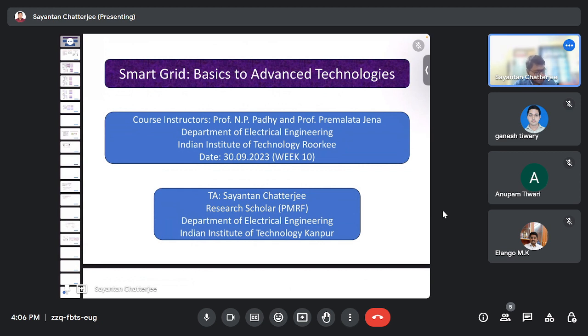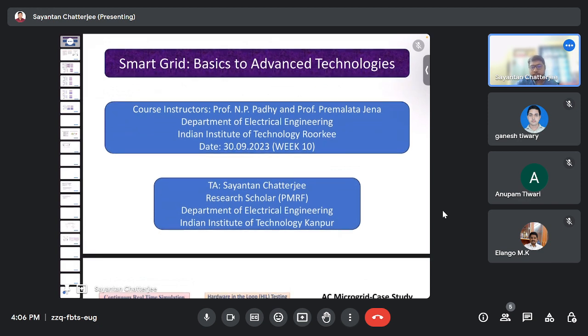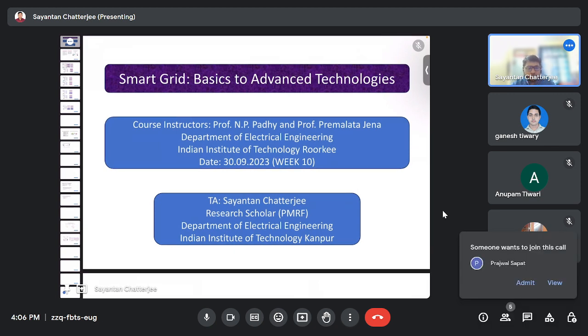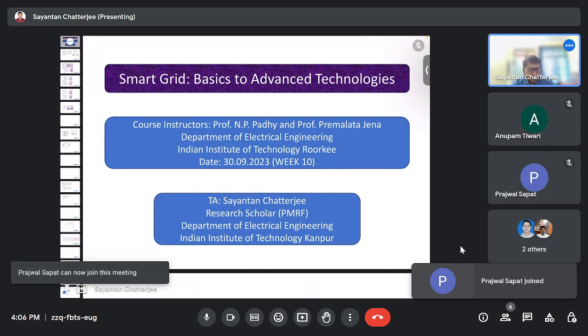Mainly the microgrid architecture that we were discussing.